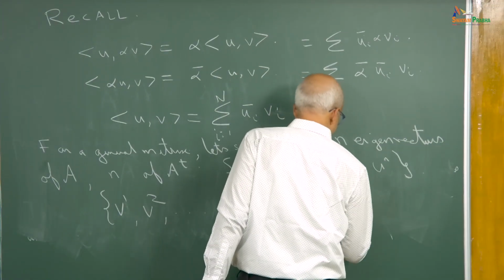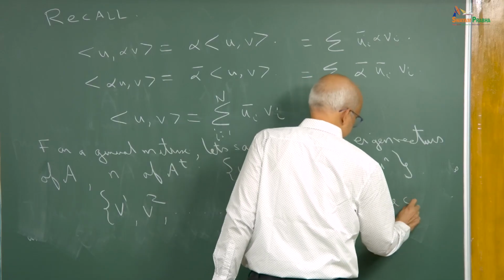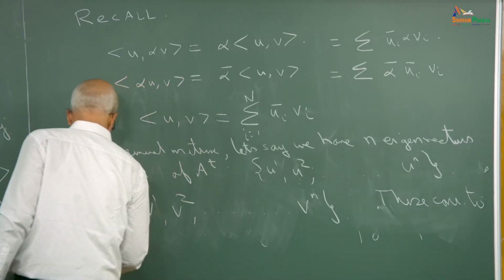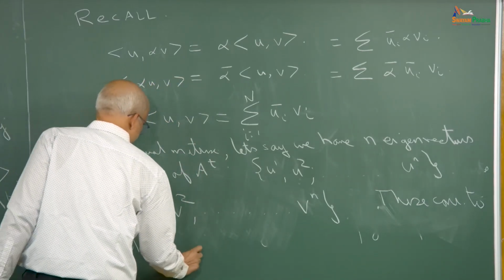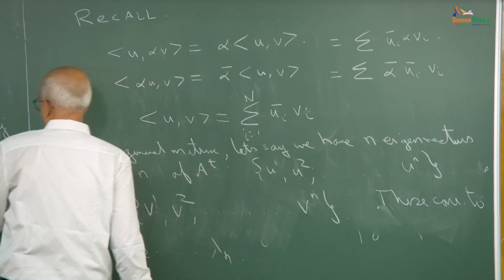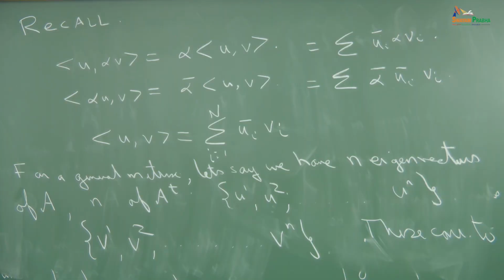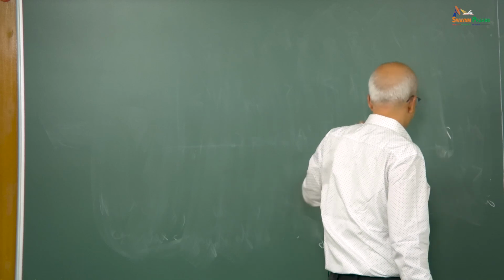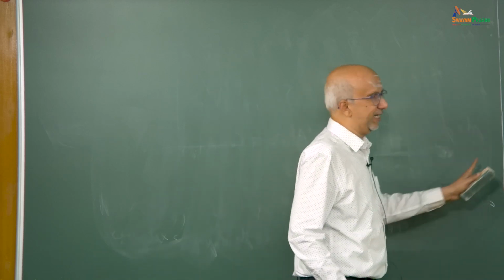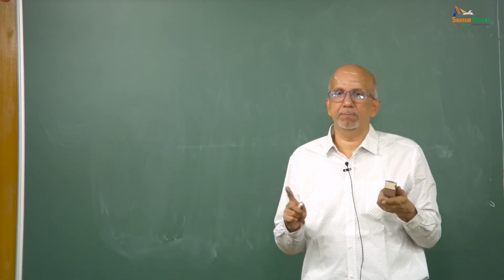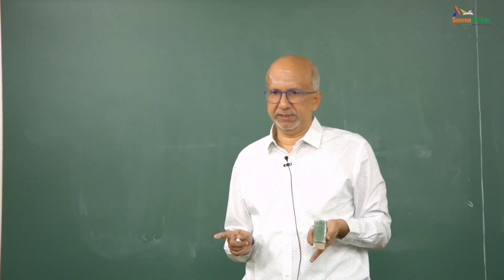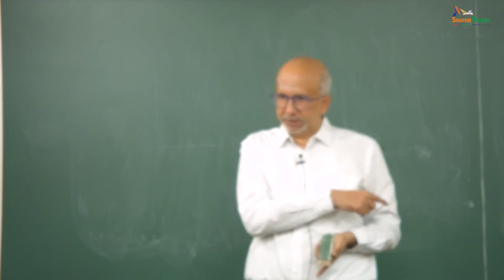So now I am going to write down the property of the theorem, that these two sets form a bi-orthogonal set. When I say bi-orthogonal set, I may have two sets with this property.